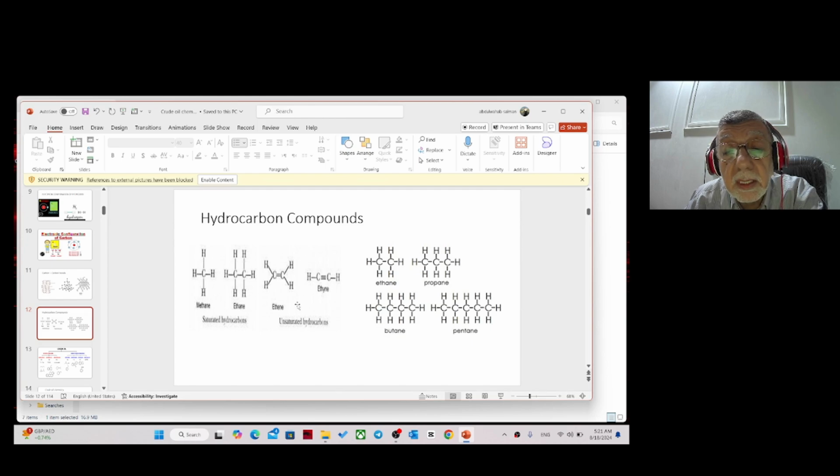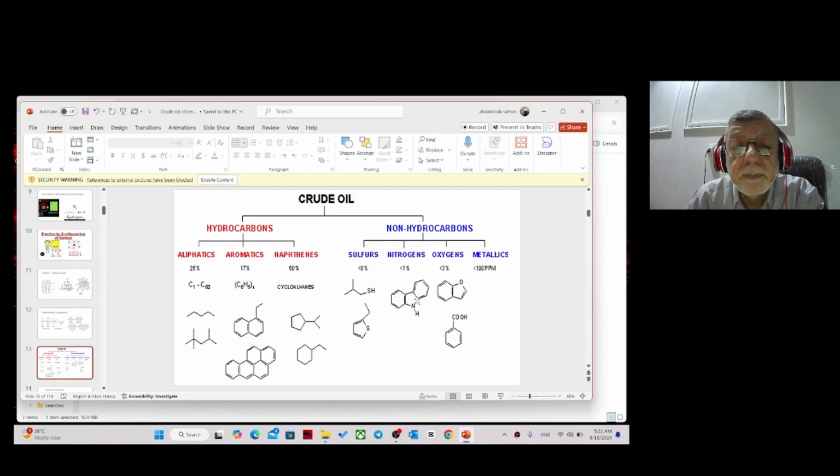In a long molecule chain like this for carbon, each carbon at each terminal connects with 3 hydrogens, and in the middle connects with 2 hydrogens. See, at the terminal there are 3 hydrogens, this terminal also 3 hydrogens, and here 2 hydrogens in each in the middle. So this we call a hydrocarbon compound.